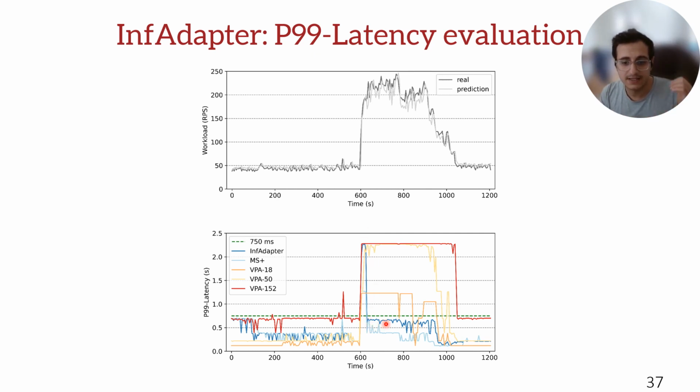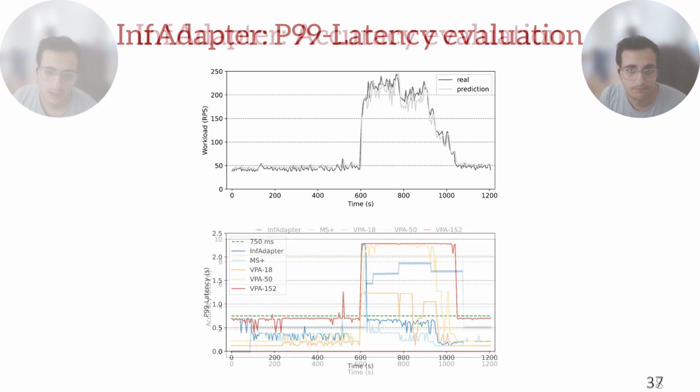First of all, it sustains the throughput and it achieves the SLO latency. But the comparison between model switching plus and InfAdapter is that InfAdapter uses a combination of models, and achieves higher accuracy compared to a scenario where we have model switching only.